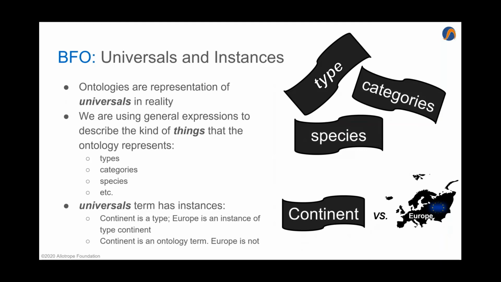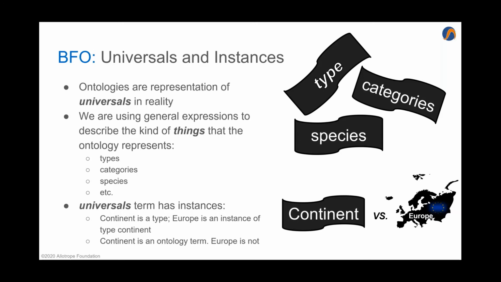Ontologies are representations of universals in reality. Universals are general expressions that describe all kinds of things that the ontology represents: type, category, species, and they have instances. For example, Europe is an instance of continent. A continent is a universal.